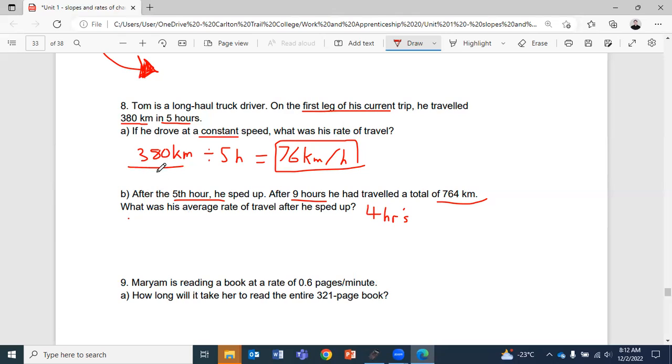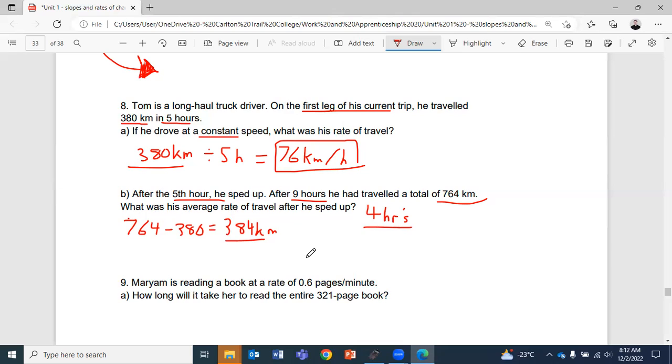Because this is what he drove before. So if I want to figure out how far he drove now, it's 764 subtract 380. He drove 384 kilometers in 4 hours.